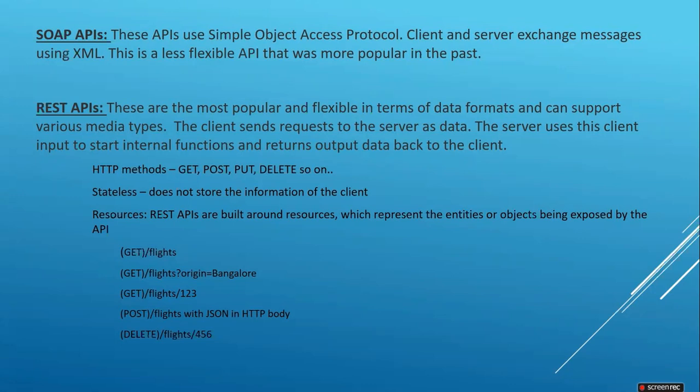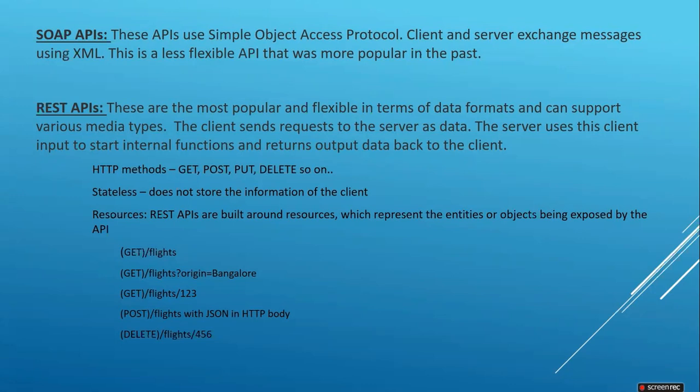REST APIs do not store the information of the client. Every API call is a new API call and we don't save the information of the client. And this API indicates the resource information.